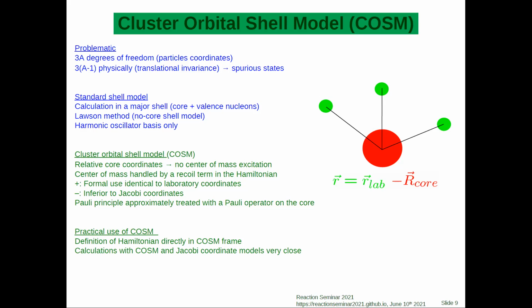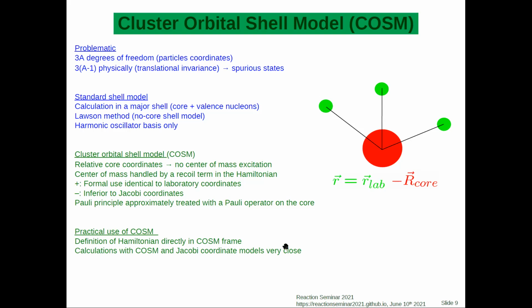One can also, in principle, calculate an effective interaction from a realistic interaction in the COSM coordinates, but it is done at the price of a small approximation, because one has to replace a few laboratory coordinates by COSM coordinates in this case, and then it is still approximate.